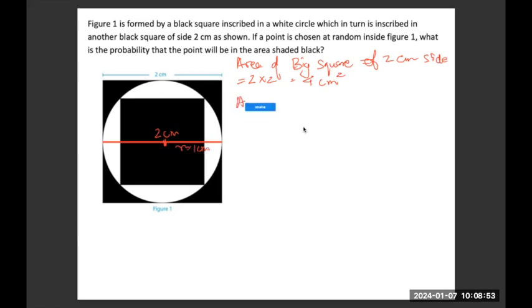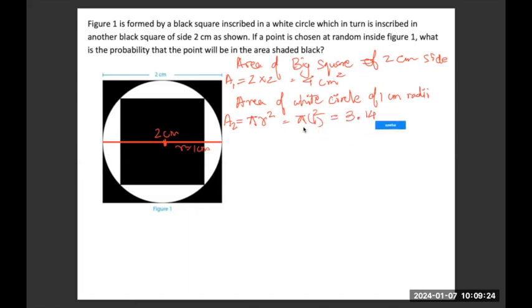So the area of the white circle of 1 centimeter radius, I'll say this area A2, will be equal to pi r square, which is pi into 1 square, approximately equal to 3.14 centimeter square.